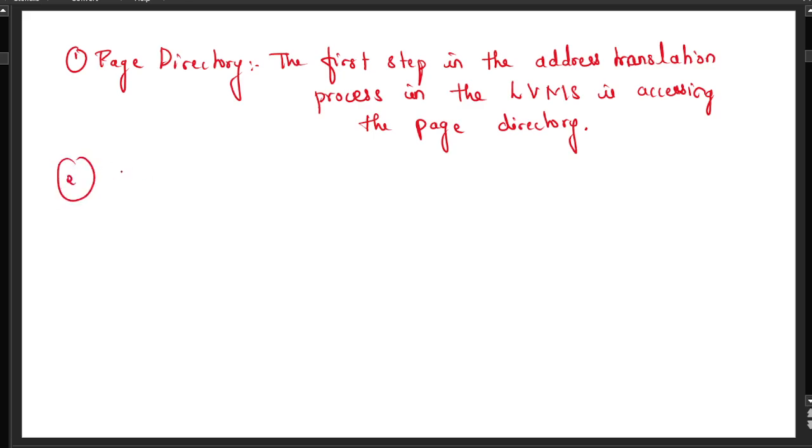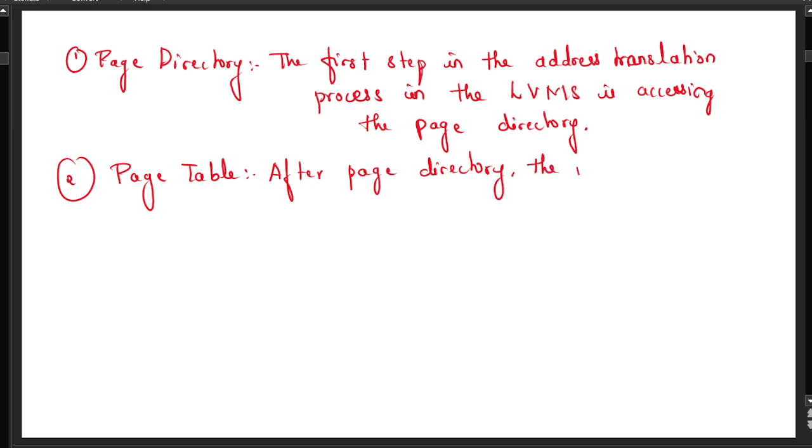Option 2, let's talk about page table first. Page table: after the page directory, the next step is to access the page table.